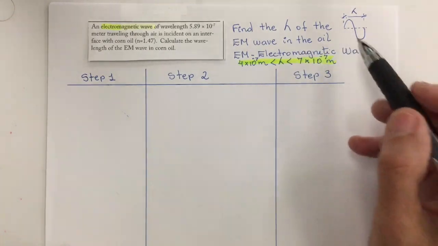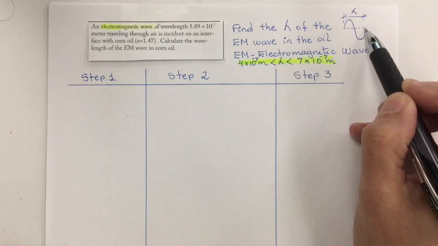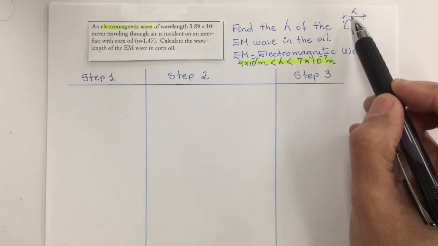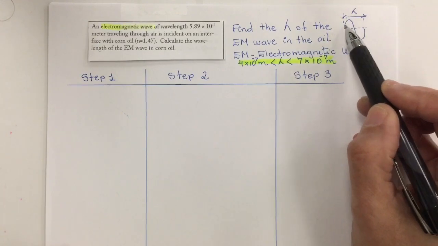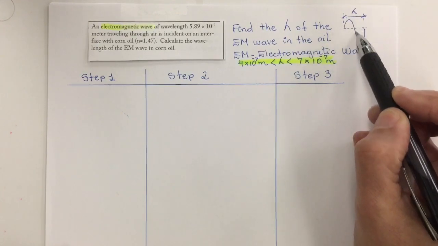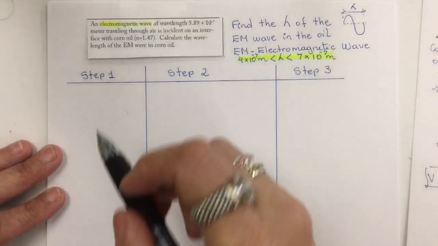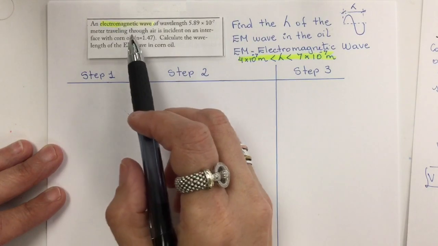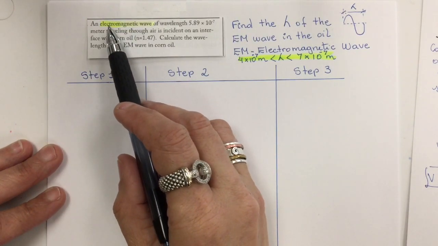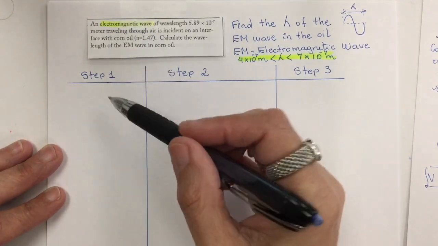Another thing to consider is that this is a waveform, and the wavelength is the horizontal displacement of this waveform. So, for the purpose of this problem, instead of electromagnetic wave, I'm going to refer to it as a light wave.